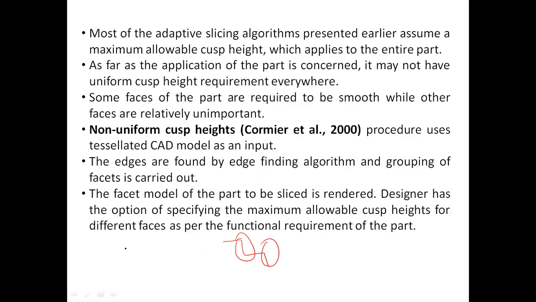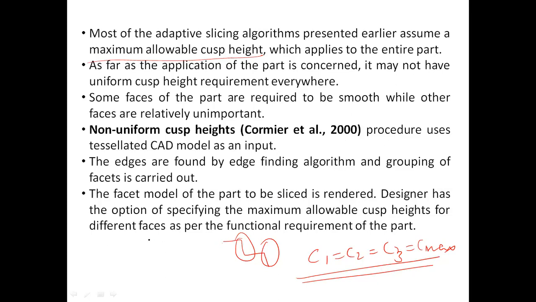Due to that, the maximum allowable cusp height was generally C1 equal to C2 equal to C3 equal to C max. Which means in most cases, the cusp heights that were found out generally had the same value.